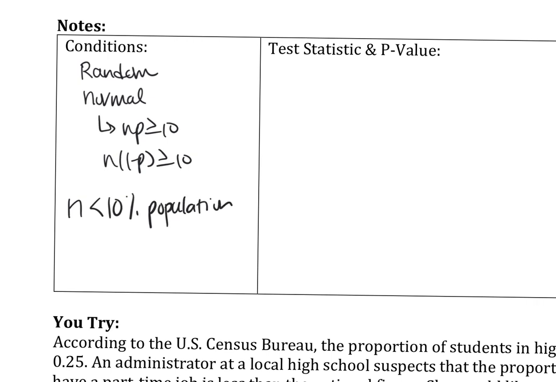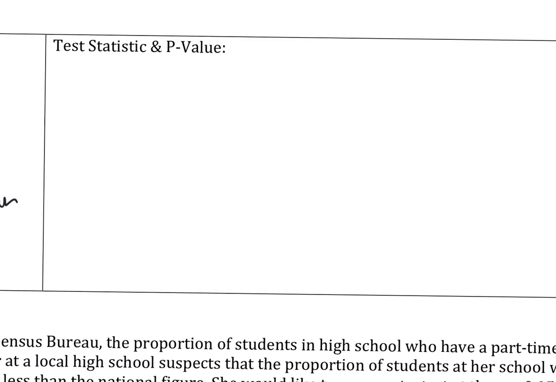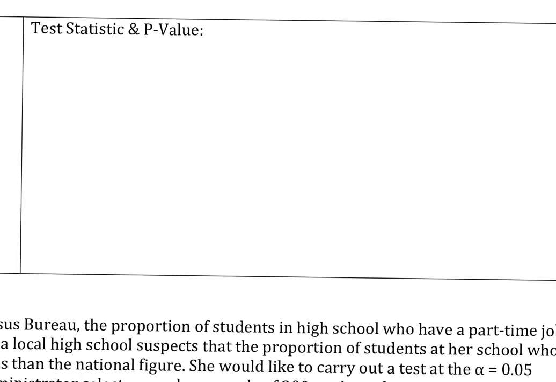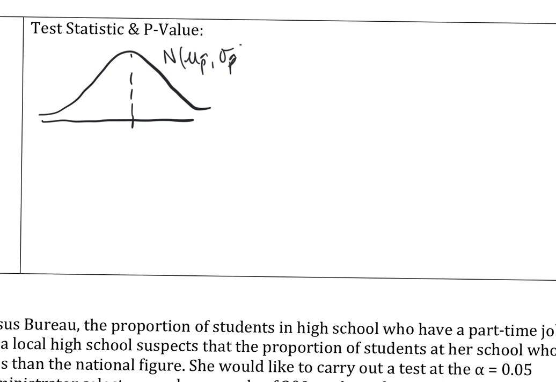Okay, let's talk about the test statistic and p-value a little bit itself, just to make sure we know what's going on. All right, when we're talking about calculating a p-value, we need to make sure we know the mean and standard deviation of the distribution. Remember, the sampling distribution for proportion is normal, centered at mu sub p hat with standard deviation sigma sub p hat.